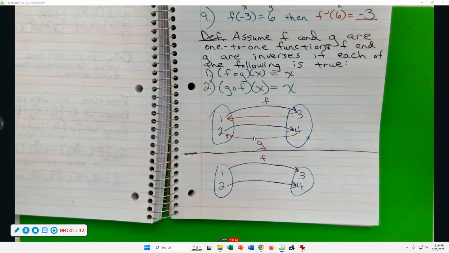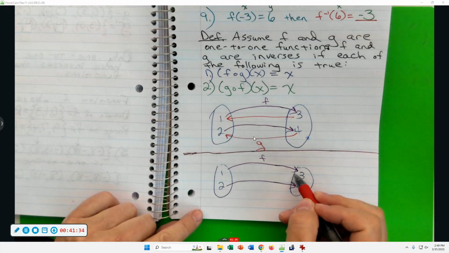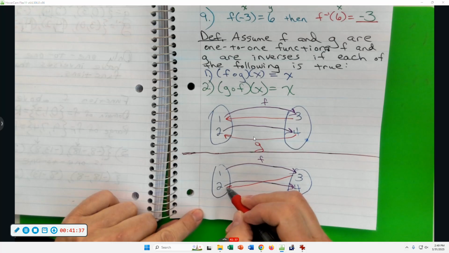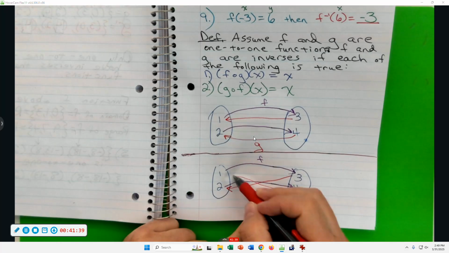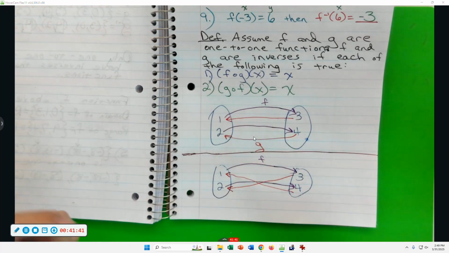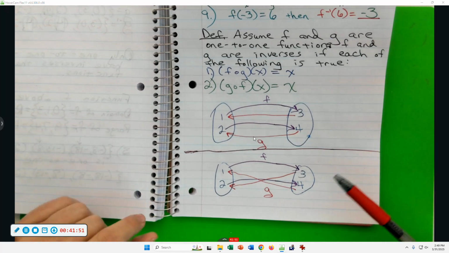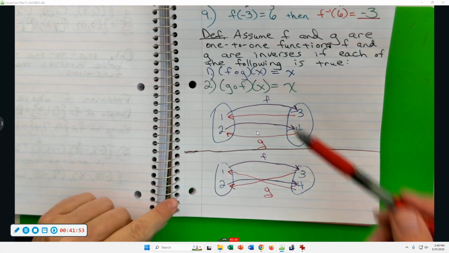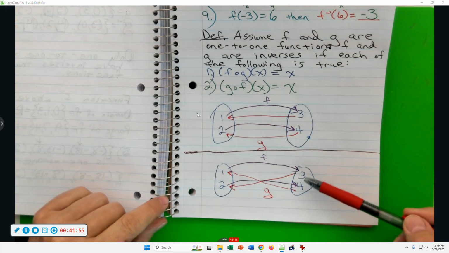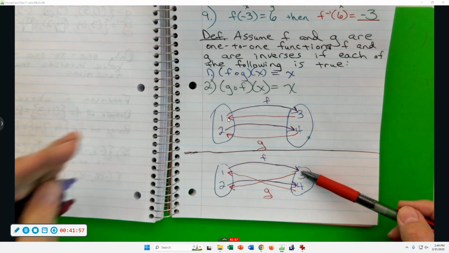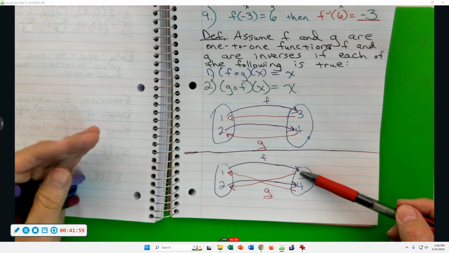Now let's suppose G takes 3 to 2 and 4 to 1. Oh, this is a good example for illustration. If they're inverses, I think we already know our intuitive notion, an inverse swaps ordered pairs.